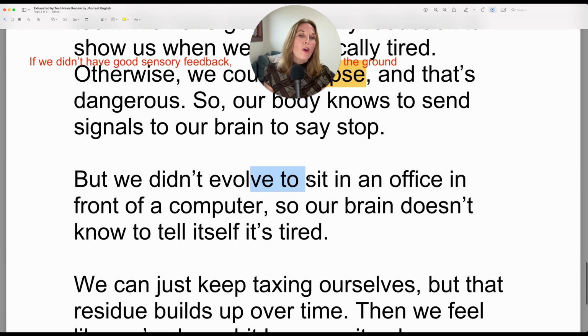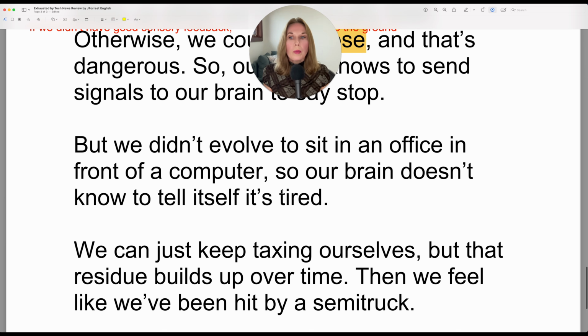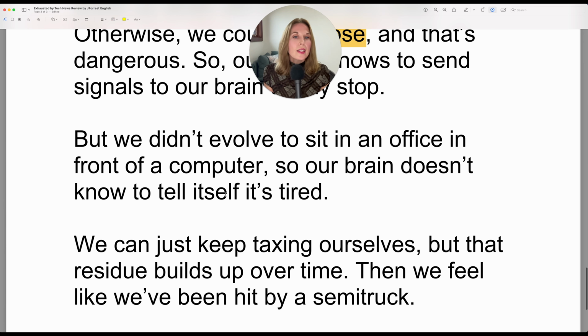So we didn't evolve. It's saying this wasn't natural for us. This wasn't the way our bodies were designed. We didn't evolve to sit in an office in front of a computer. So our brain doesn't know to tell itself it's tired.